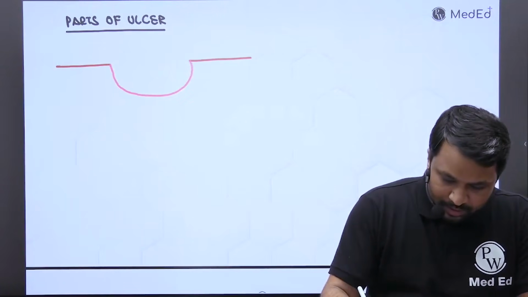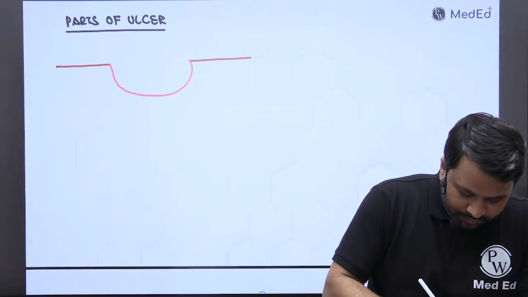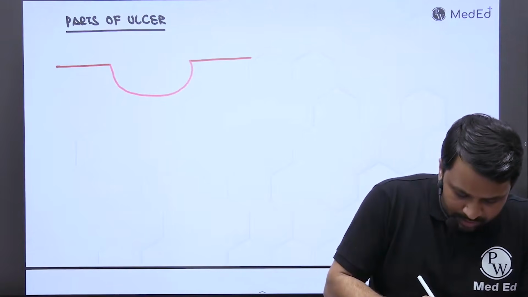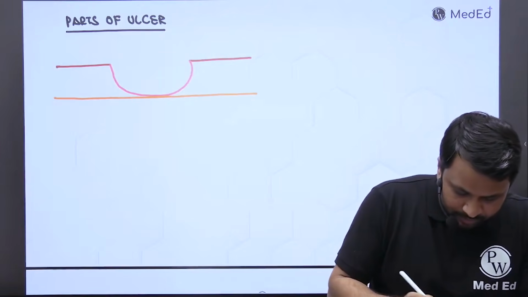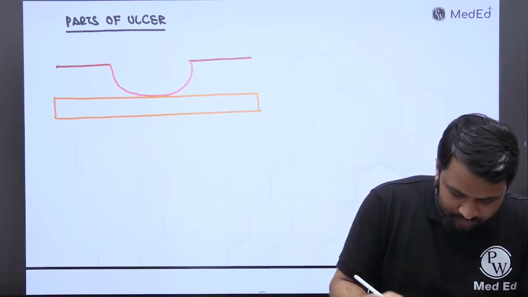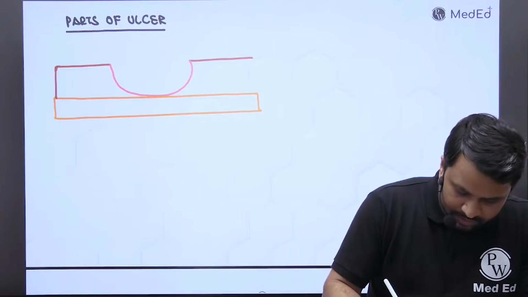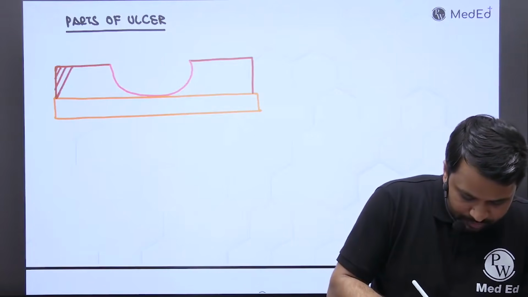This is where it is going to rest upon, right? So let's say this is the wound bed that you're talking about, and this is where it is going to rest upon. The ulcer is sitting on top of here, and this is the skin surface, and let's say this is the ulcer that is breached.